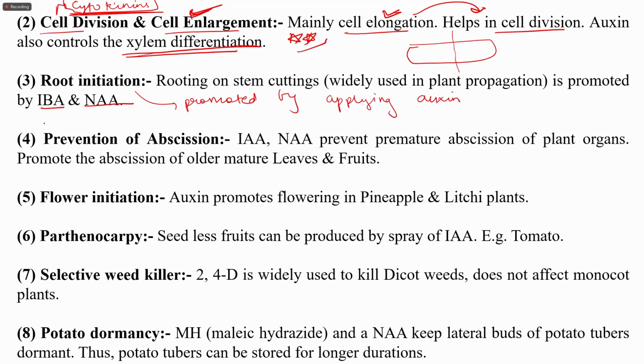IBA is a natural one, and NAA, naphthalene acetic acid, is a synthetic one. When there is low cytokinin concentration, this we will see later also, and high auxin concentration, root differentiation happens.